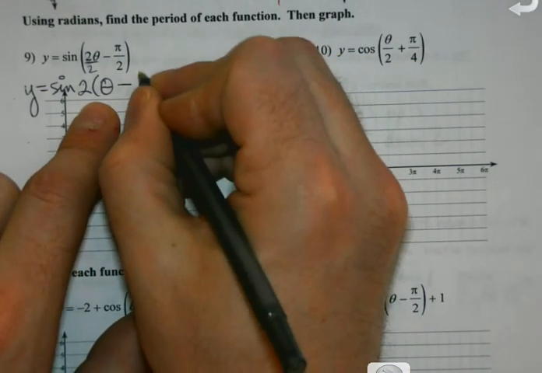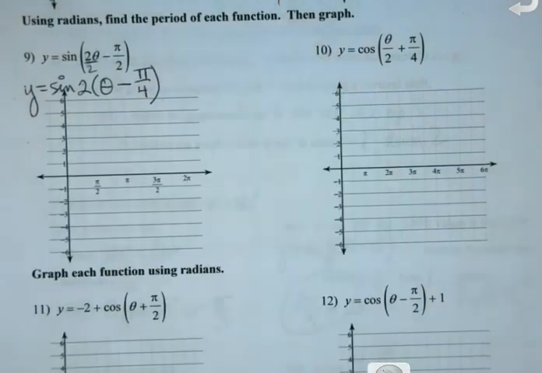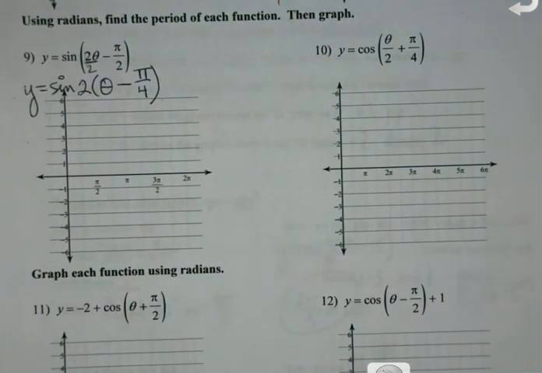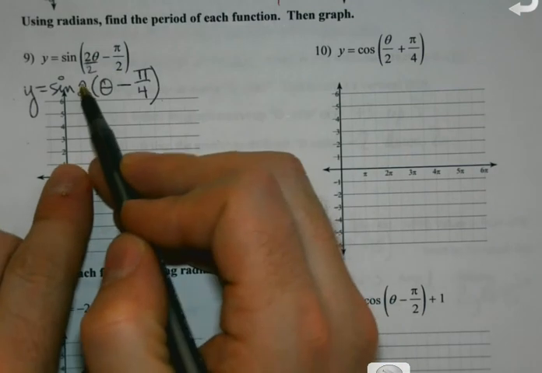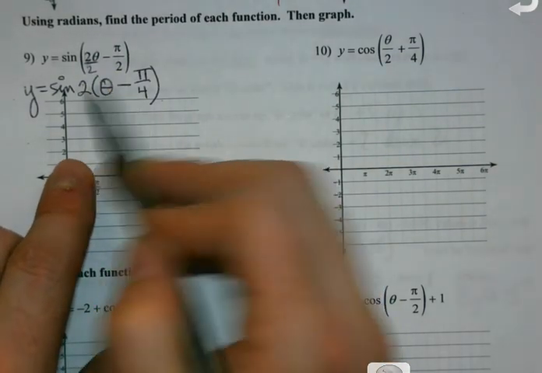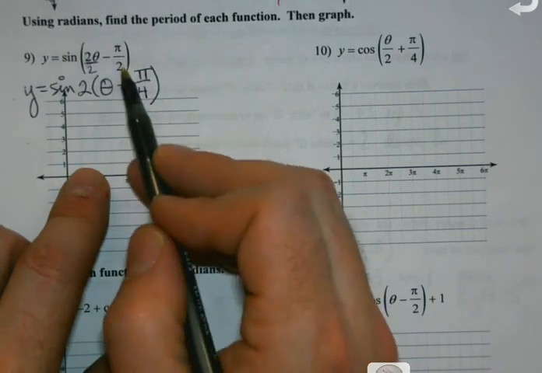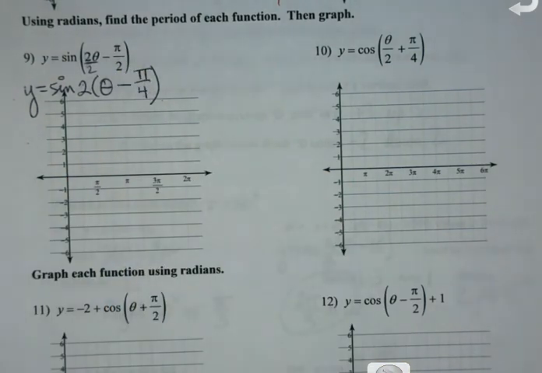So this is going to be pi over 4. You're like, now wait a minute. Where's that coming from again? Okay, if I distribute out, I get 2 theta. 2 times pi is 2 pi. Over 4 would reduce to this. You're doing the distributive property backwards.